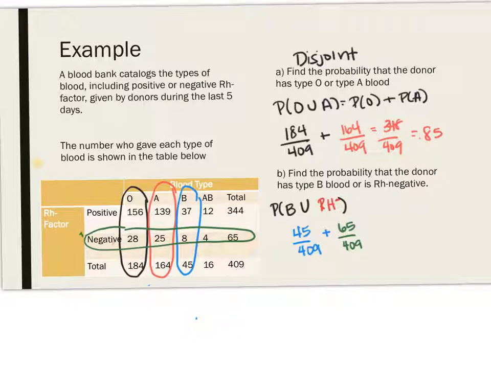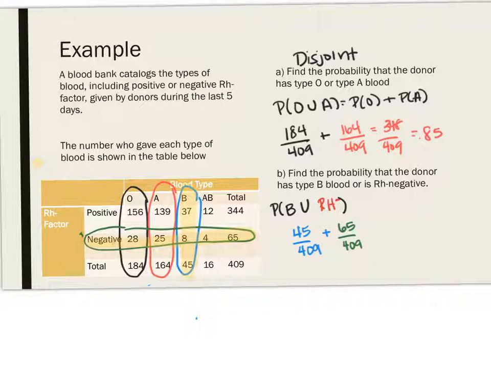But the problem with that is that what have we done? Well, going down these rows again, you notice you have type B right here, negative right here. What did you do? You've added the 8 twice. Well, why did you do that? Because those are the people that have B blood and they have Rh negative blood. So what do we need to do to fix that?